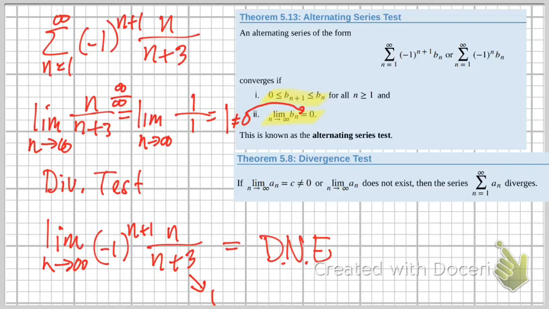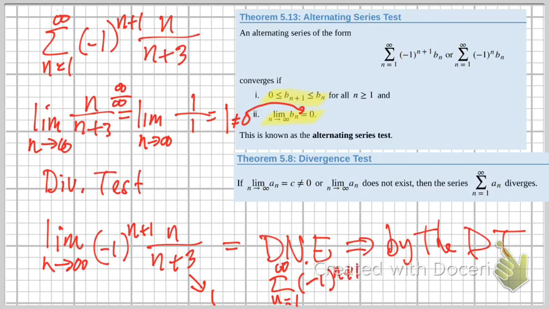So then it says if the limit is not equal to 0 or the limit does not exist, then the series diverges. So right away, I can say this implies by the divergence test, and I'm just going to write DT, I would have to write the original series out though, n equals 1 to infinity, -1 to the n plus 1, n over n plus 3, diverges.